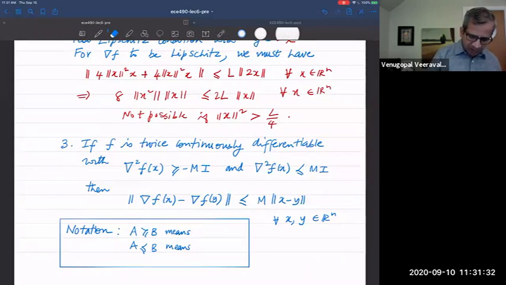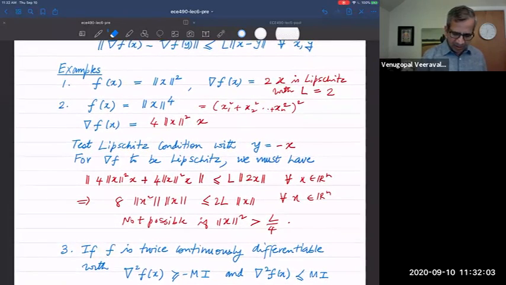So f is twice continuously differentiable with the Hessian. We saw that in the case of a one-dimensional function on the real line, the derivative being bounded was sufficient to establish Lipschitz continuity.